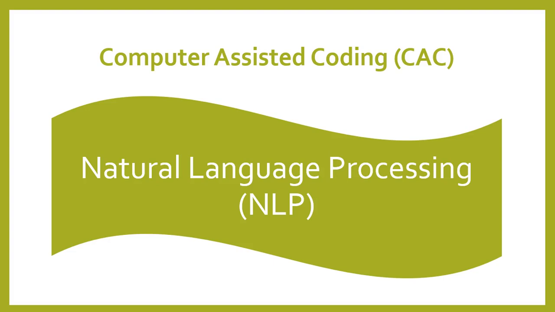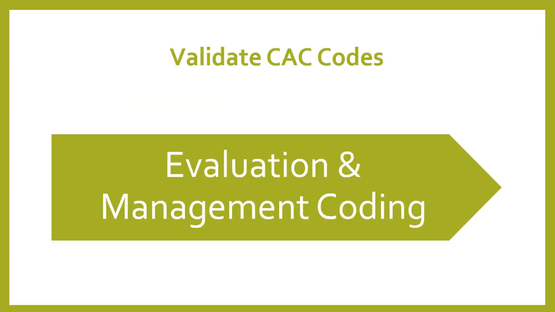Now, before you get too excited about that, I want to talk about our last area, which is validating those codes. And the reason why this area is important, that natural language processing system that's utilizing this artificial intelligence, yeah, it could come up with the fact that the patient has diabetes, but is it the right type of diabetes?